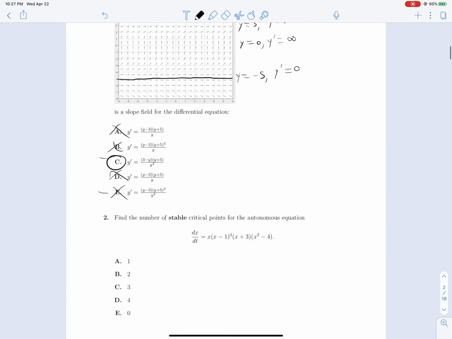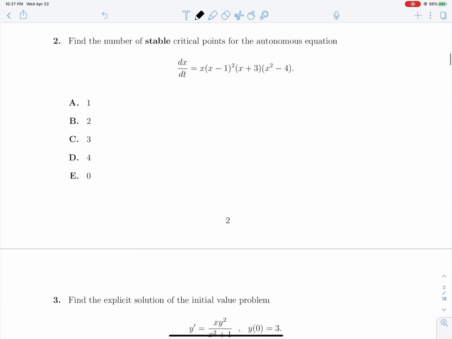So 1 is C. 2, let's find the number of stable critical points for this autonomous equation. So remember what I was saying, if we have anything that's squared in here, like x equals 1, we don't really have to care about it at all because it'll always be positive. It's never going to change the value of our derivative.